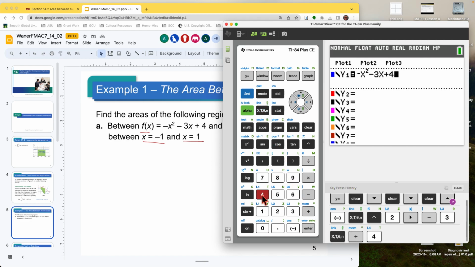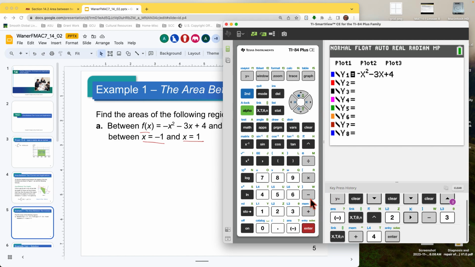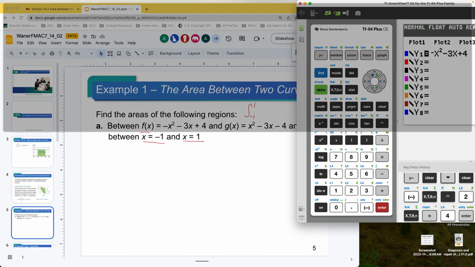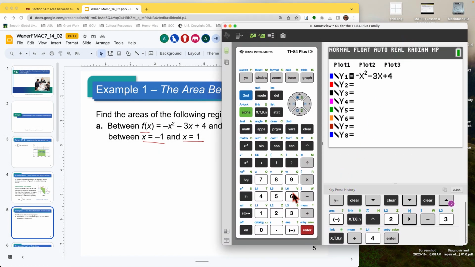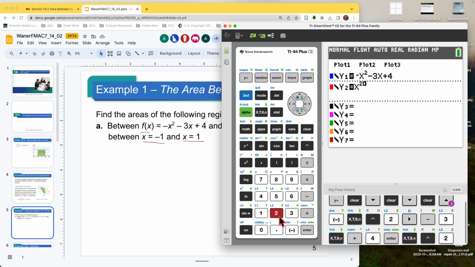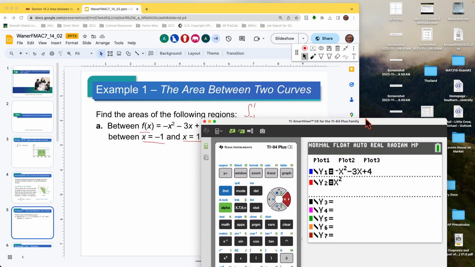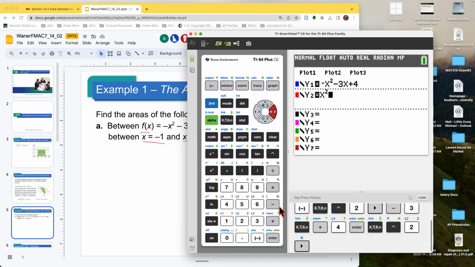Okay, so that's in there correctly. Enter, and then I'm going to put the next one in, which is positive x squared minus 3x minus 4.